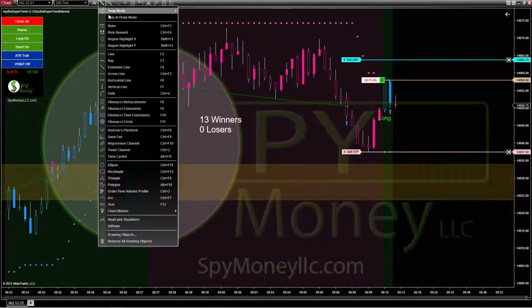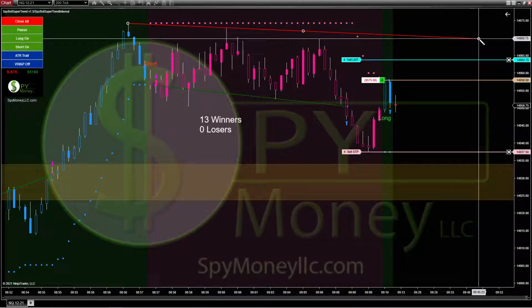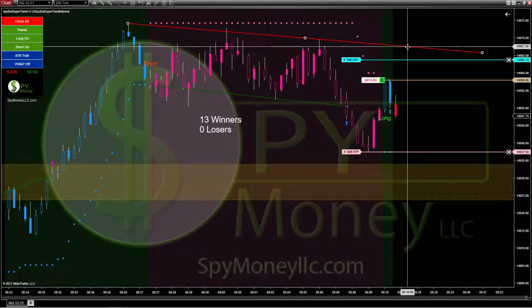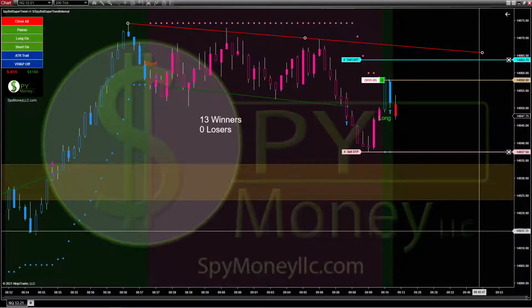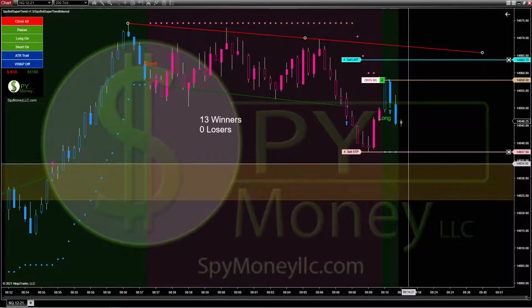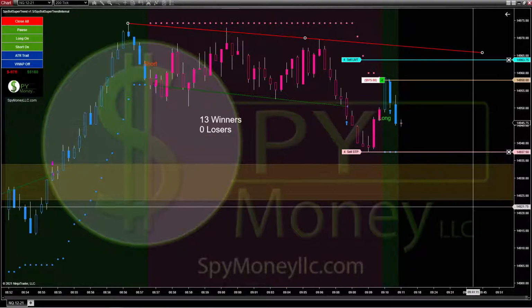If you look at from that high to right there, and we brought this one down to right here, we're probably looking about right there if it actually does go up. It doesn't have to, though. This is probably going to be coming down and retest this zone. So we may have a loser right here.